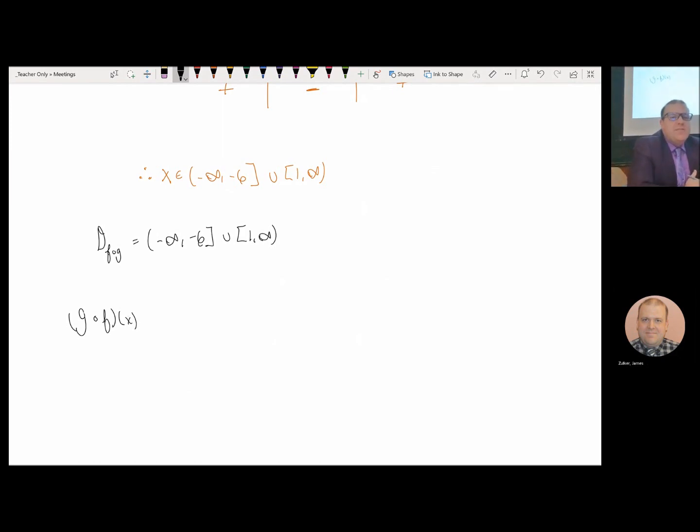We now want g composite with f. Well, that's just g of f of x, right? f was what? Root of x minus 6? So it's g of root x minus 6. Which means everywhere there's an x in g, replacing it with root x minus 6.